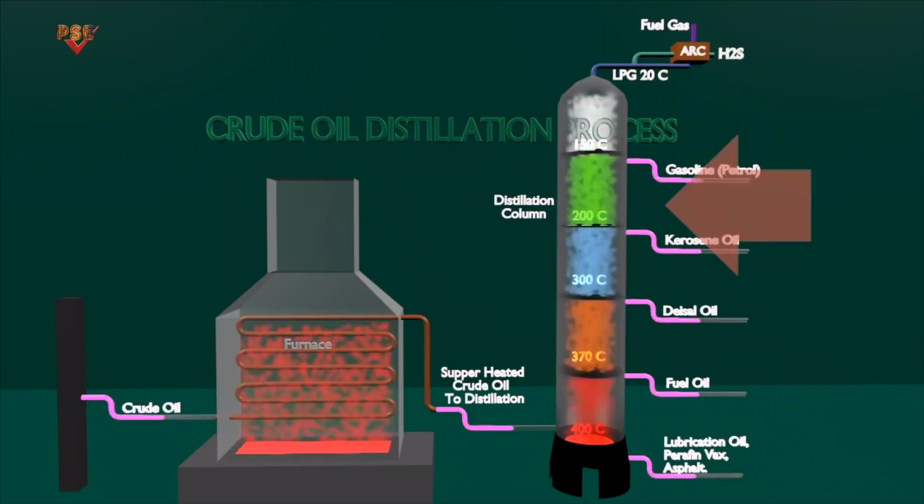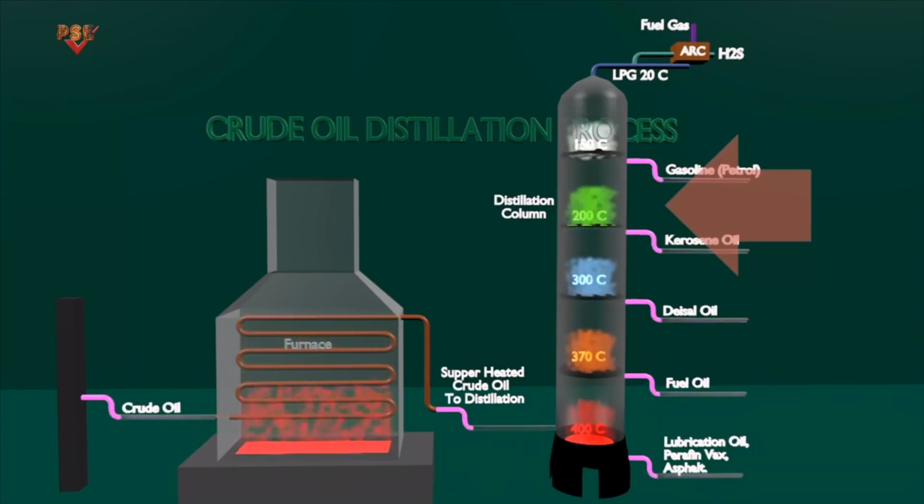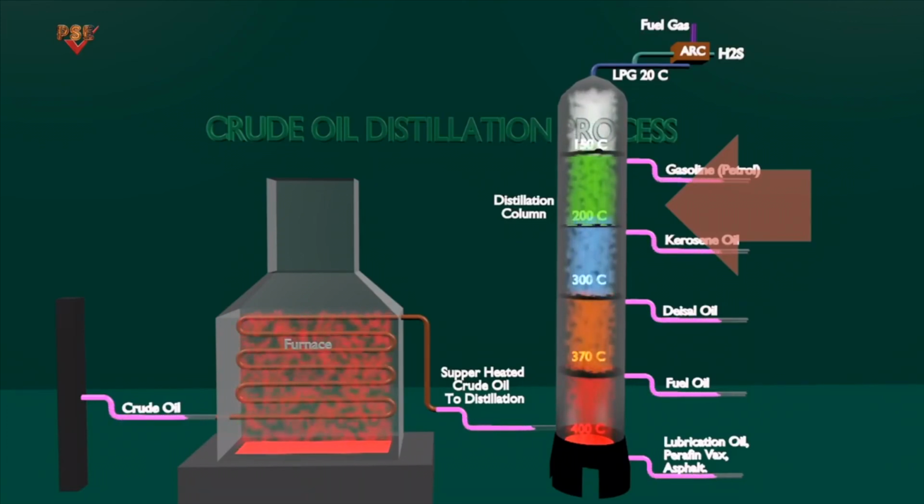Naphtha could be blended into motor gasoline, but is more likely sent to a catalytic reforming unit for octane improvement. Kerosene is generally treated and used as jet fuel.